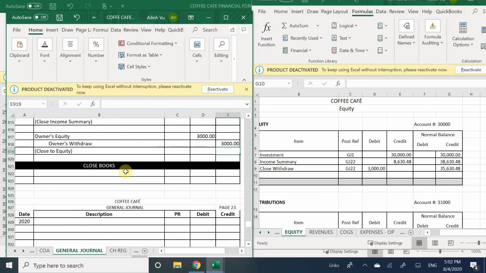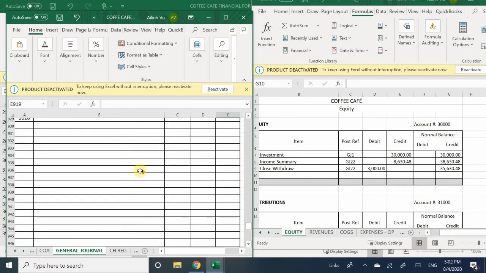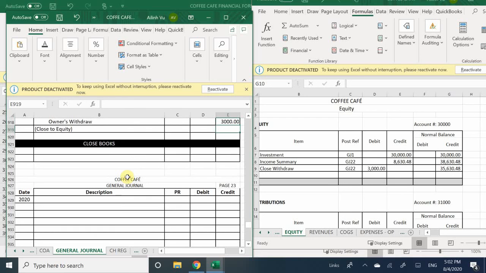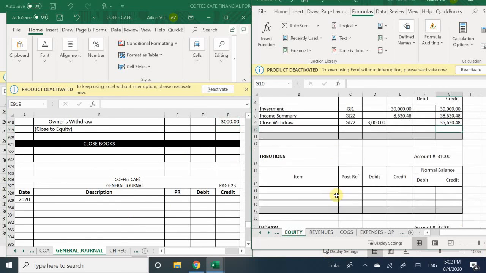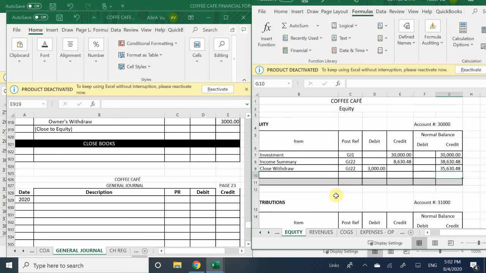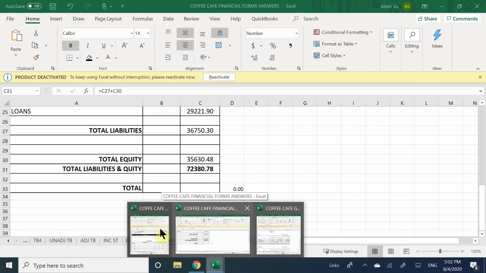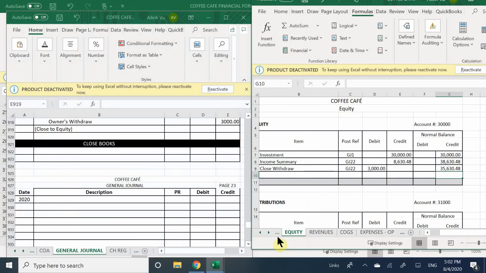We closed our books, and we're completely done with this journal. So I'm going to go ahead and save that. And my ledger is 100% done as well. There's only one more step I have to do, which is, again, a post-closing trial balance, which in this case is pretty simple to do.